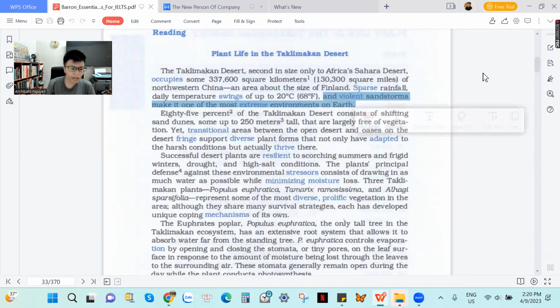Sandstorms. Speaking of desert, if you stand in the desert, you will feel the heat of hot weather. That is the first feeling. And the second feeling is you will feel lots of wind blowing from both sides of you. And along with the wind, you will feel that the sand is carried in the wind.